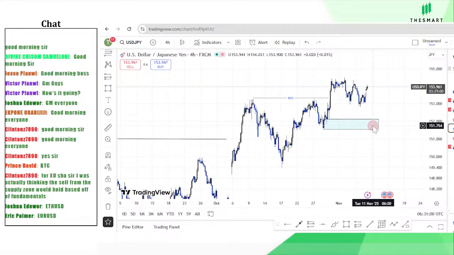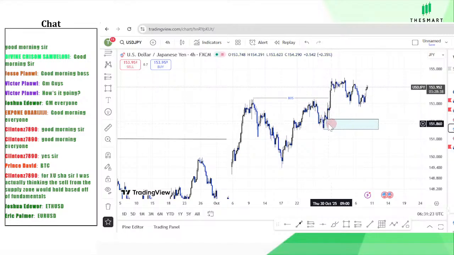Based on the overall bias from the daily, because we should check the daily. From the daily, we can actually see that price is what? Bullish. The price is bullish, and coming down to 4 hours now, we can see that the price is still what? Bullish, because this was the last break and price hasn't taken out this low.